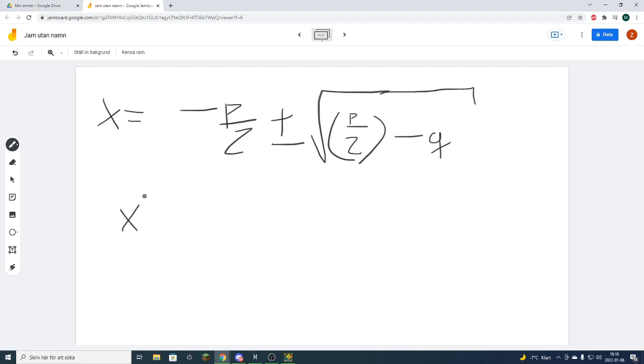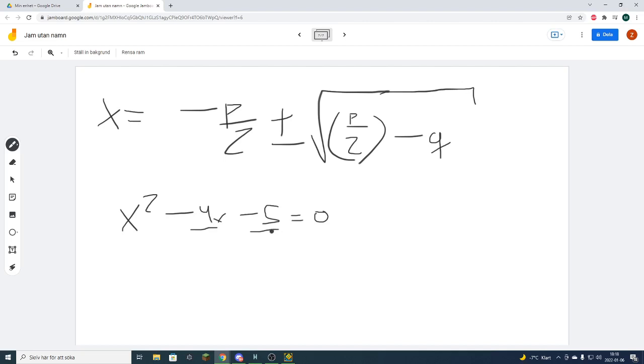And given that we have x squared minus 4x minus, not plus, minus 5, this gives us values. P as negative 4 and q as -5.